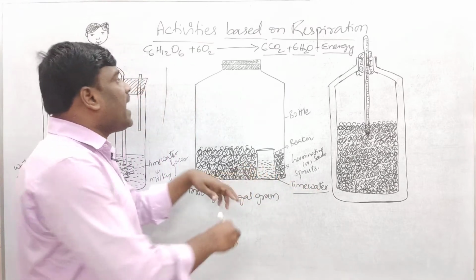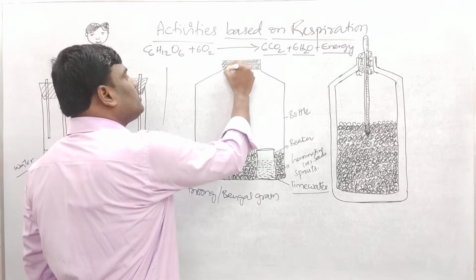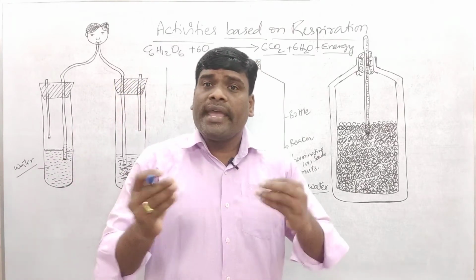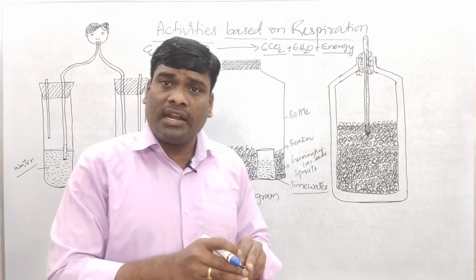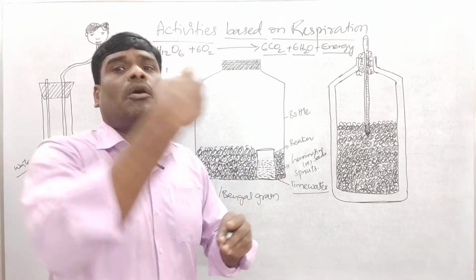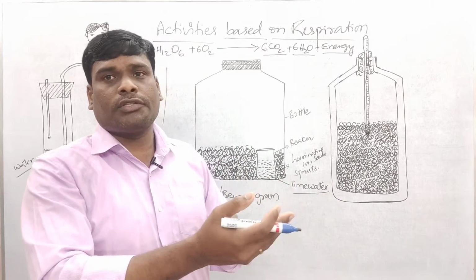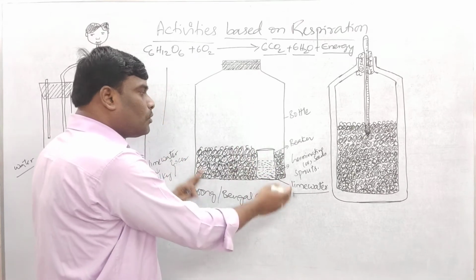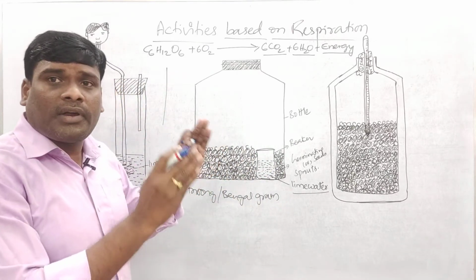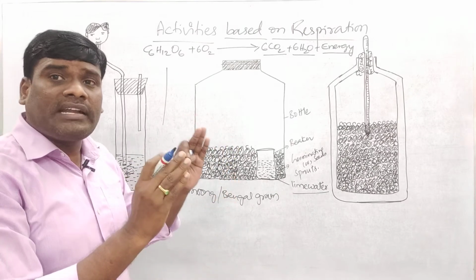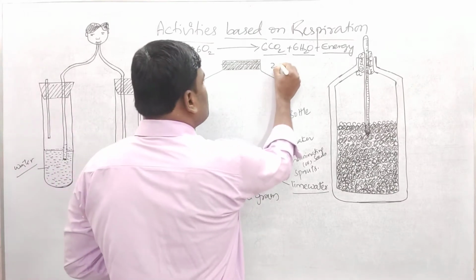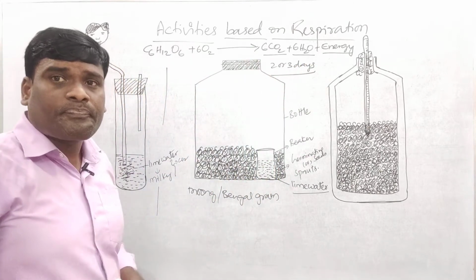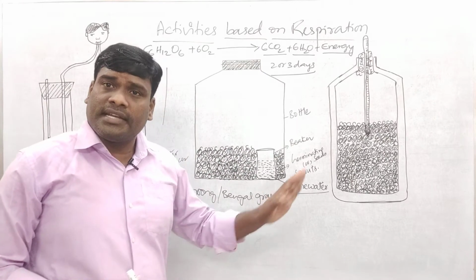Okay, and you need to close this bottle with a rubber cork and see that no air enters into the bottle, and no air comes outside from this bottle either. Finally, you keep this whole apparatus undisturbed for at least 2 to 3 days.